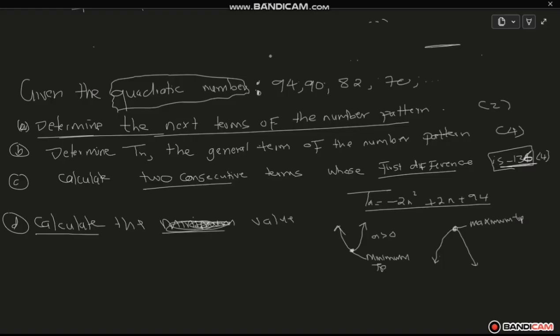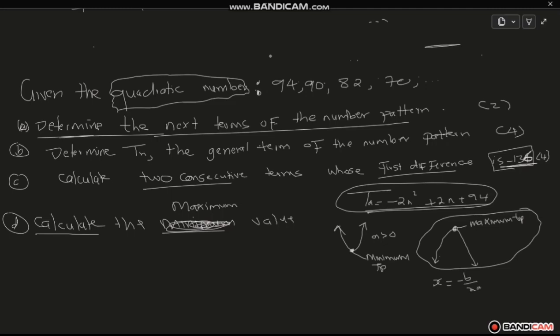But the question actually wrote minimum, it must be maximum. Why? Because our Tn there is expressed as a negative function, so it will be a negative pattern. Therefore, as you were asked before to calculate the turning point, this is the formula that we are using to find the x value of the turning point in functions. But now we're not dealing with x.